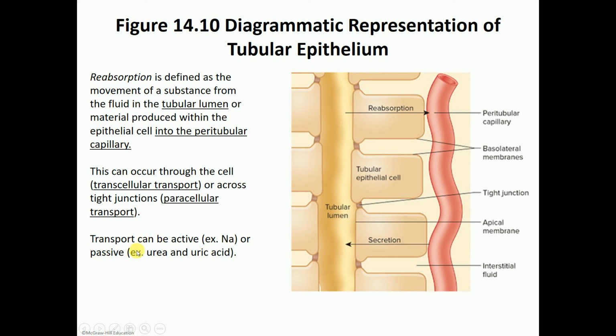For example, urea and uric acid. They will go down their concentration gradient. But remember that urea and uric acid are toxic compounds, so the body will actually secrete them back again into the tubules later on using the process known as tubular secretion.